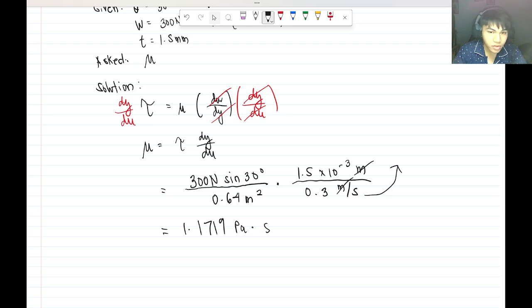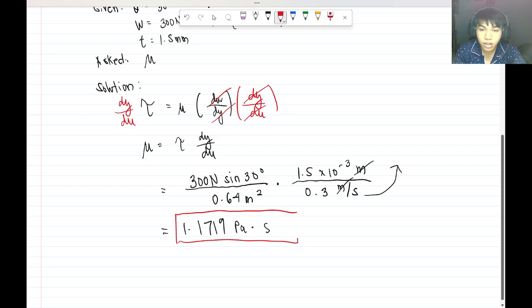And if you want to convert it into other units such as poise or centipoise, for poise you just multiply it by 10, and for centipoise you multiply it by 1,000. But let's keep this as it is. This is our answer for this one.